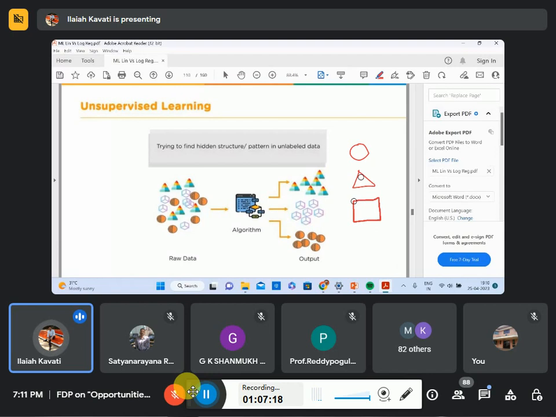I'll give this to the model, and it has to segregate these objects into classes. By observing it, even a simple student of UKG or first or second class can easily segregate them. If there are no edges, it is in one group. If there are 3 edges, that is in another group, and 4 edges, that is in another group.